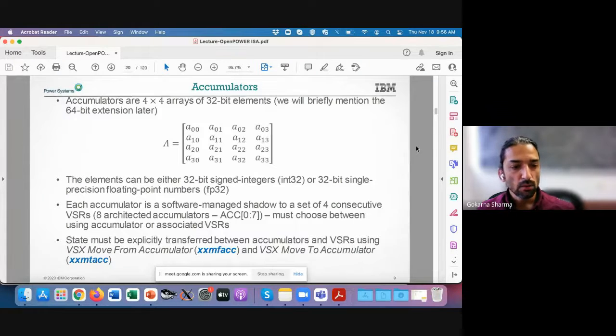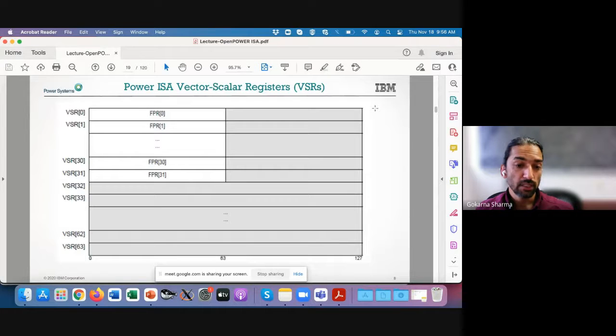So in Power 10 the architecture has 8 accumulators. Why 8? You see that the first half of the vector scalar registers has the floating point registers inside it too.